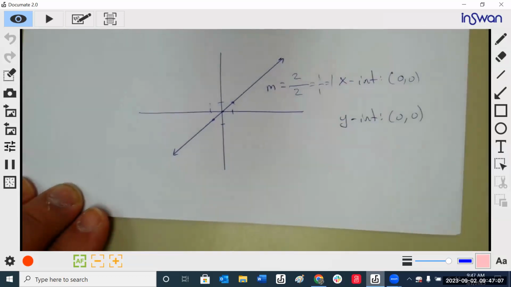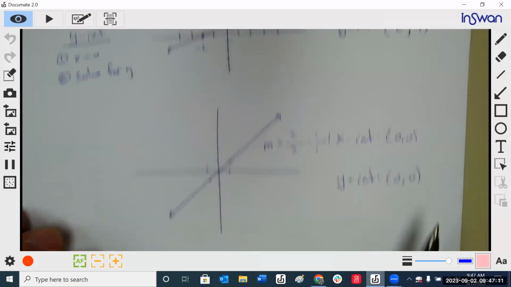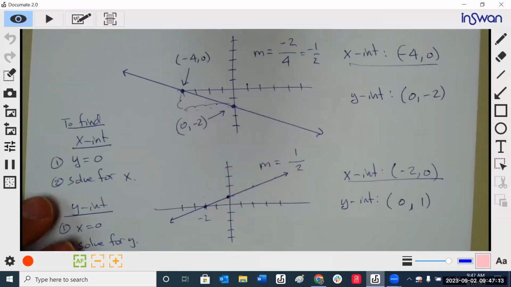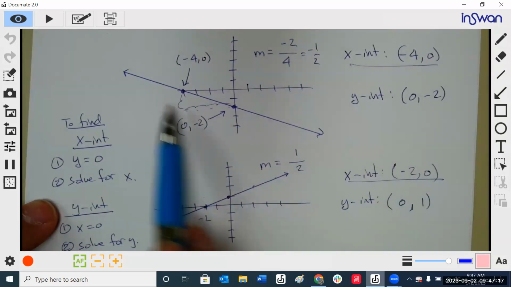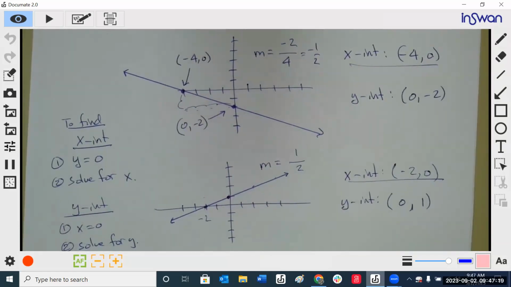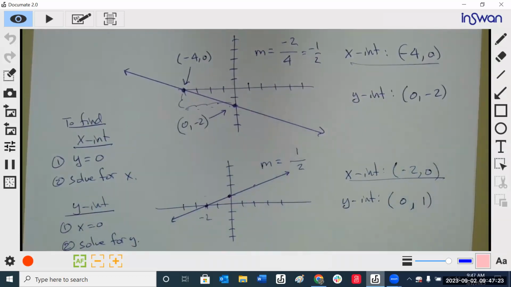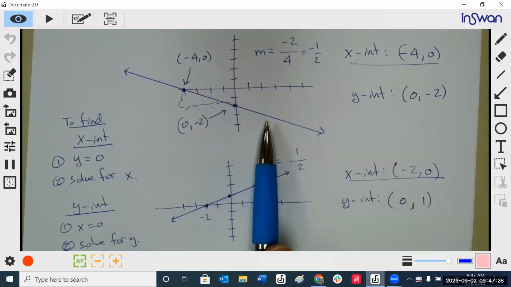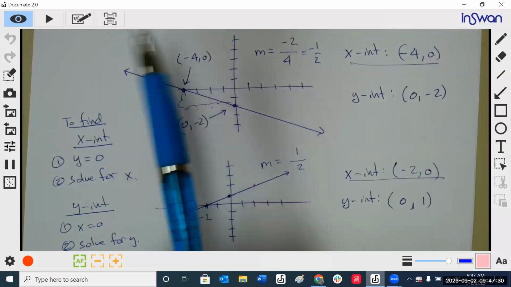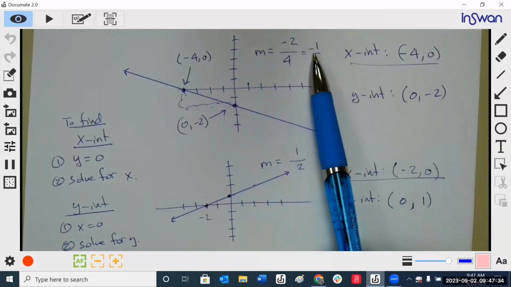It's a 45-degree angle. Now, more importantly, these top two, the slope is negative 1/2, and this is positive 1/2. You notice the direction of the lines. As you're going to the right, remember the bottom number always goes to the right. As x gets larger, what happens to the graph? Is it going up or down? As x gets bigger, the graph is going down, so that's negative slope.